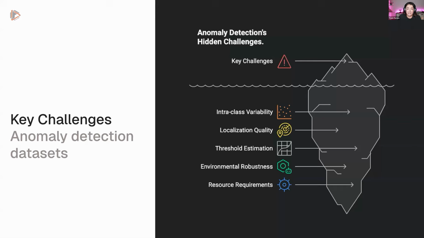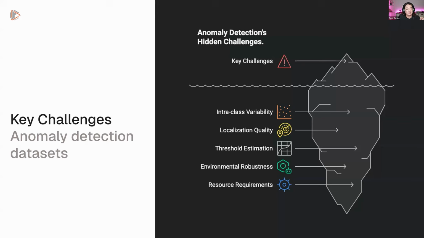Localization quality. It is not just about detecting that something is off. We need to pinpoint where the abnormality is. If the model flags a defect but cannot localize it properly, that is a missed opportunity for quality control or repair systems. Something that is really important is threshold estimation.